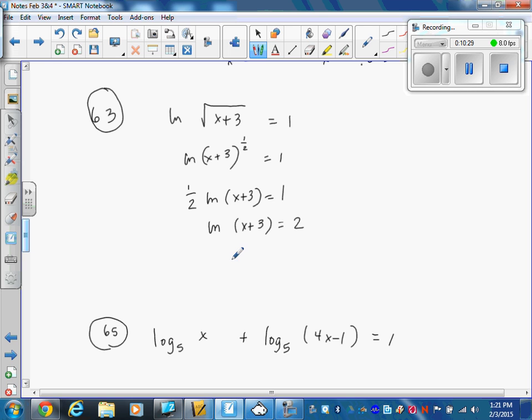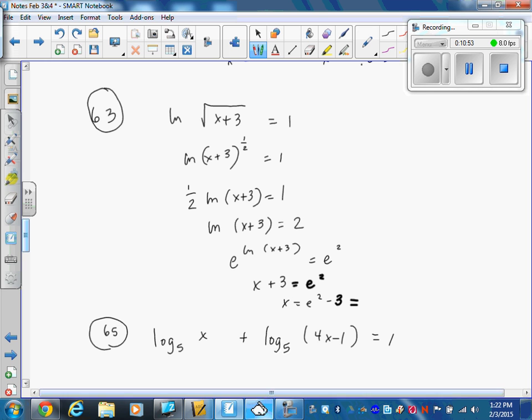Now I'm ready to move this as e to the ln of x plus 3 equals e squared. So this is 1. So I'm left with x plus 3 equals e squared. So x equals e squared minus 3.